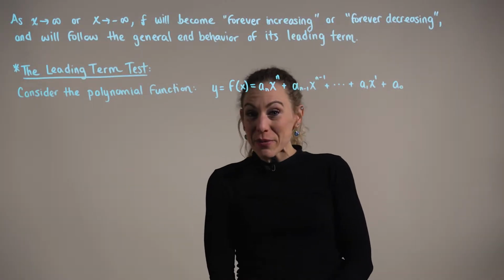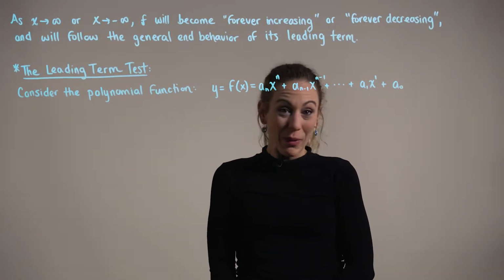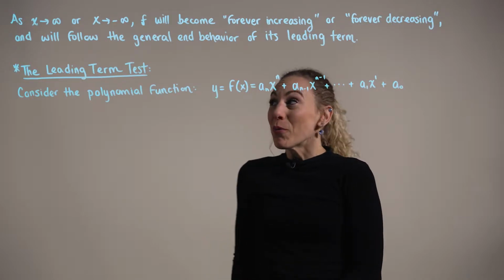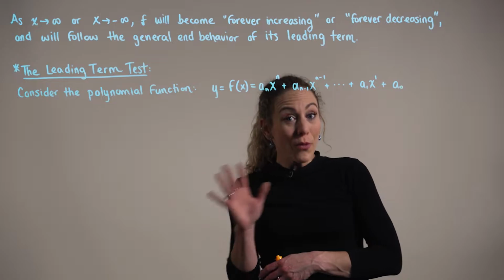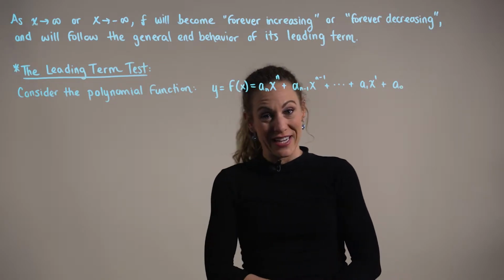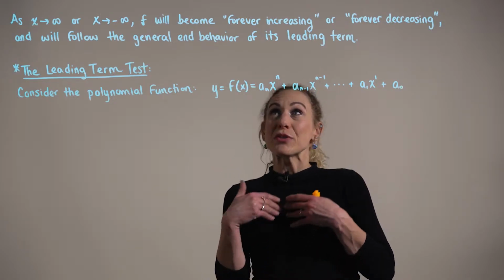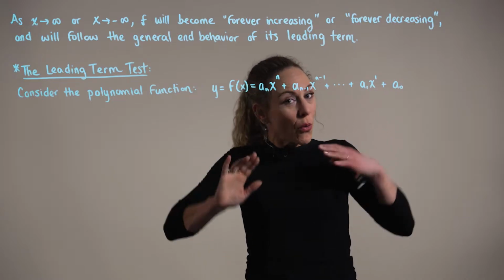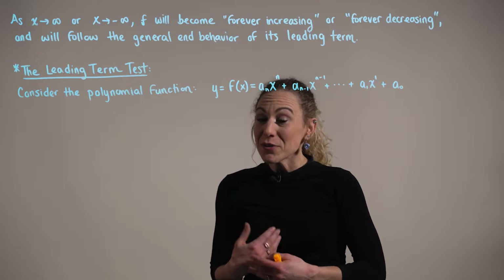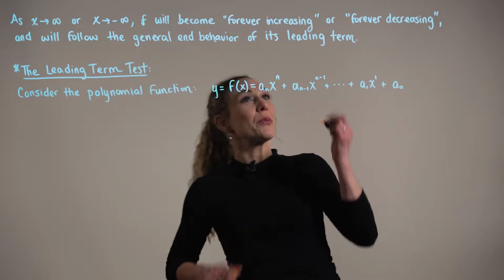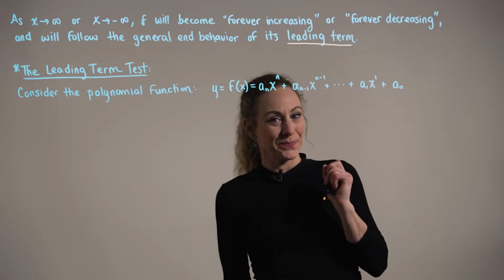So continuing with our explorations of end behavior of polynomial functions, we can observe that as x is approaching positive infinity, or as x approaches negative infinity, the function is going to increase forever or decrease forever. And in general, it is going to follow the general behavior of the polynomial function's leading term.